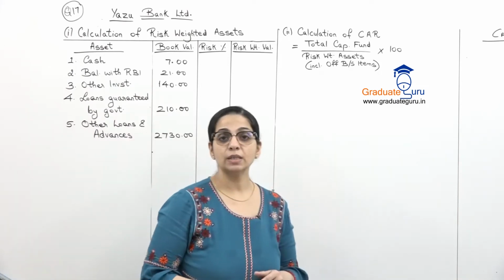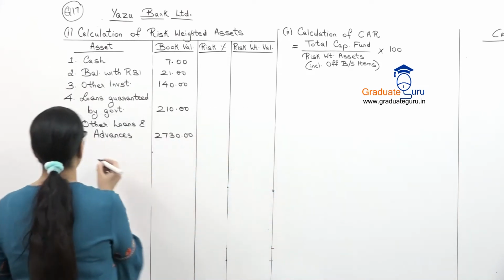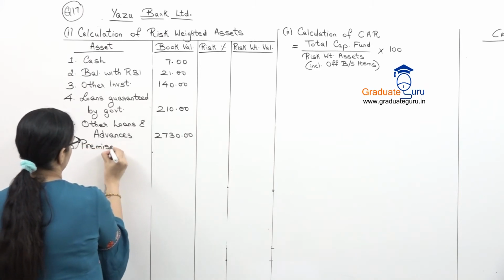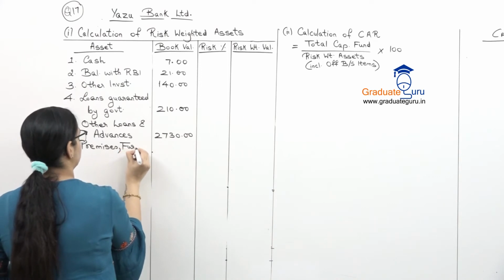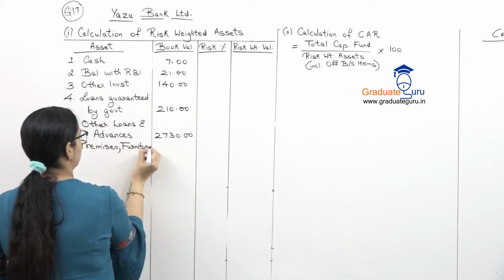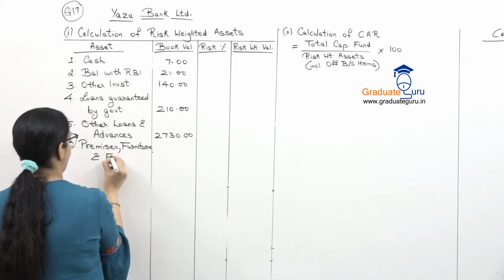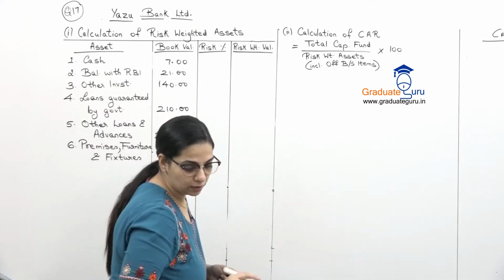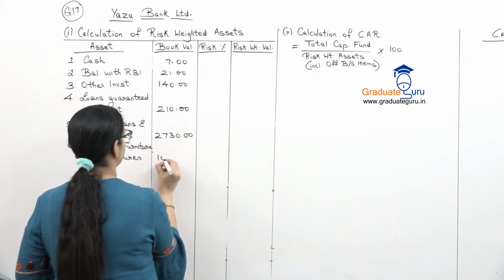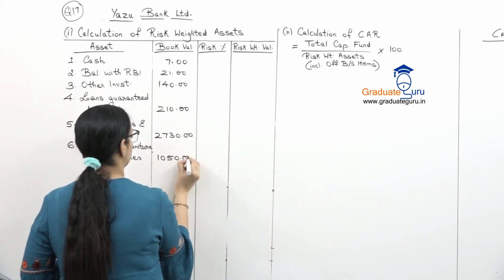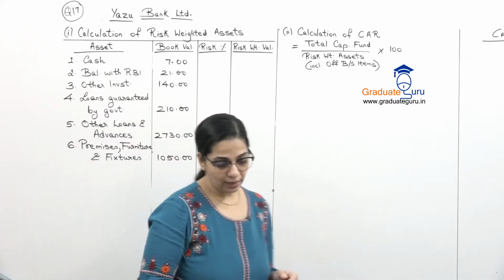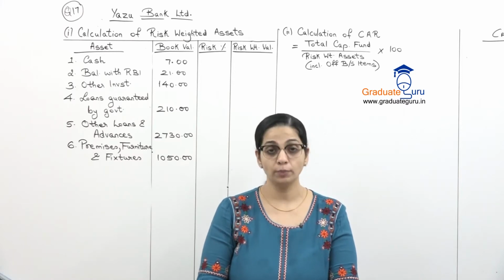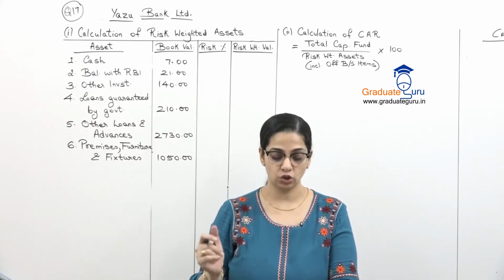Then we have premises, furniture and fixtures. And the amount for that is 1050. And then we have intangible assets that has to be subtracted from your capital. You can't take it in the list of assets.